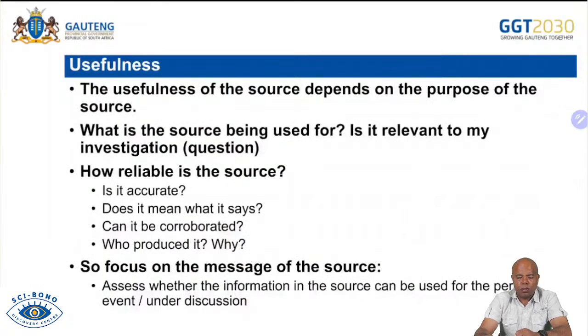Then let's go to usefulness. When we answer usefulness, questions are basically presented in two ways. The first part is comment on the usefulness. The second one is explain the usefulness.